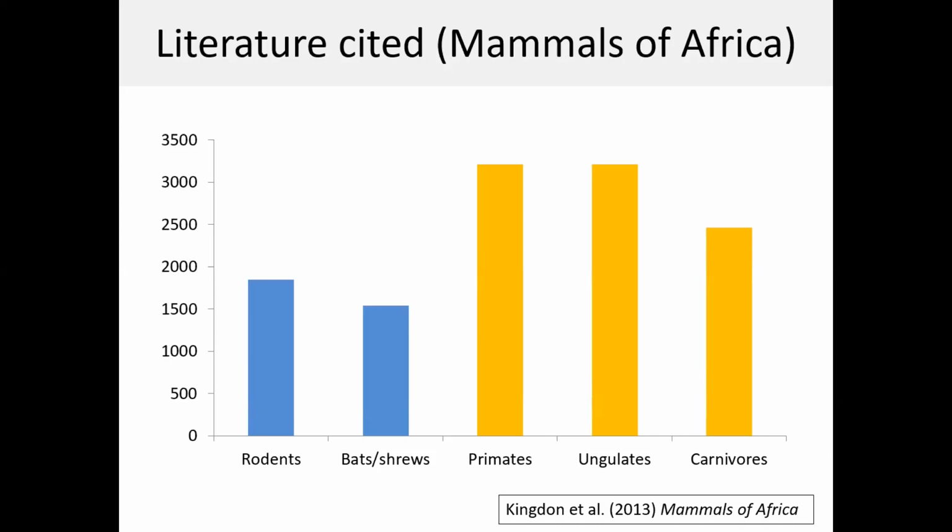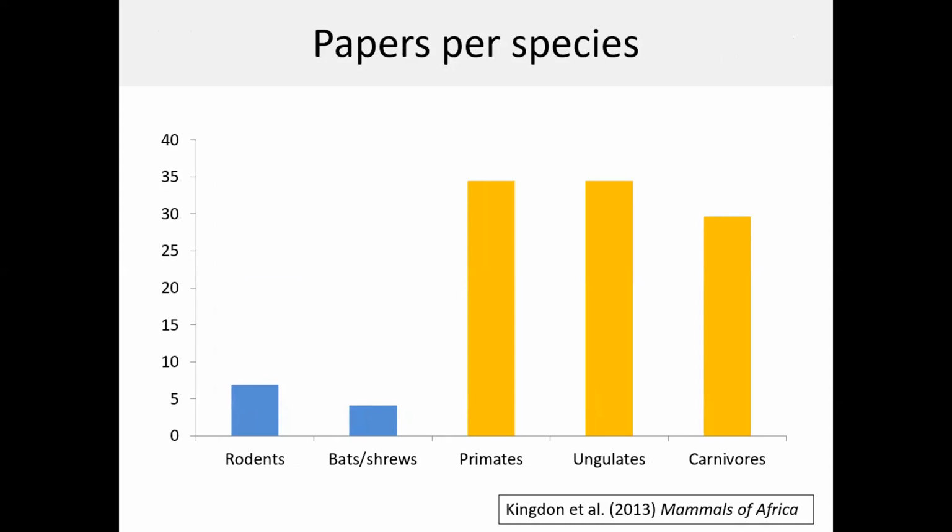So if we divide by number of species, this is what the graph looks like. This tells us how many papers have been published per species on average. And now you can see that for the large mammals in Africa, somewhere between 30 and 35 papers per species.